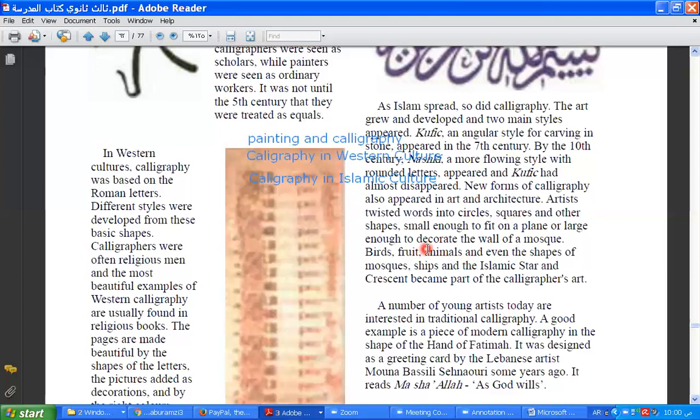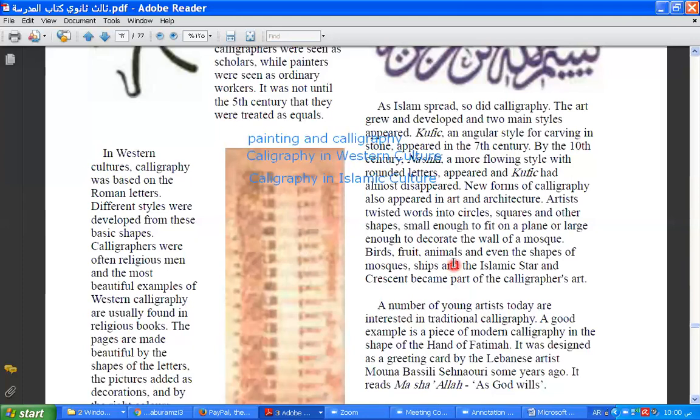And also it's a kind of decorating a wall in the mosque, as we said. Birds, fruit, animals, there are also shapes for them in the mosque. The star and crescent became part of the calligrapher's art.